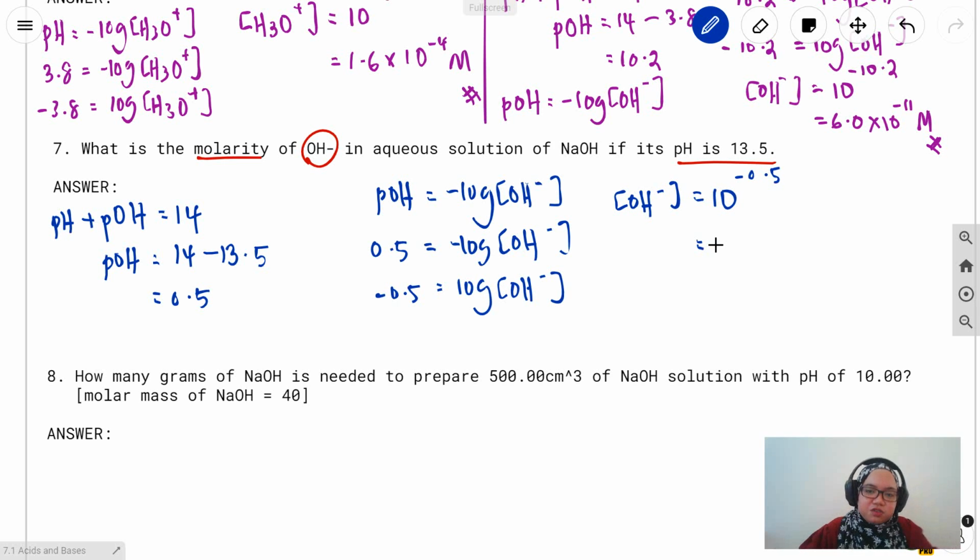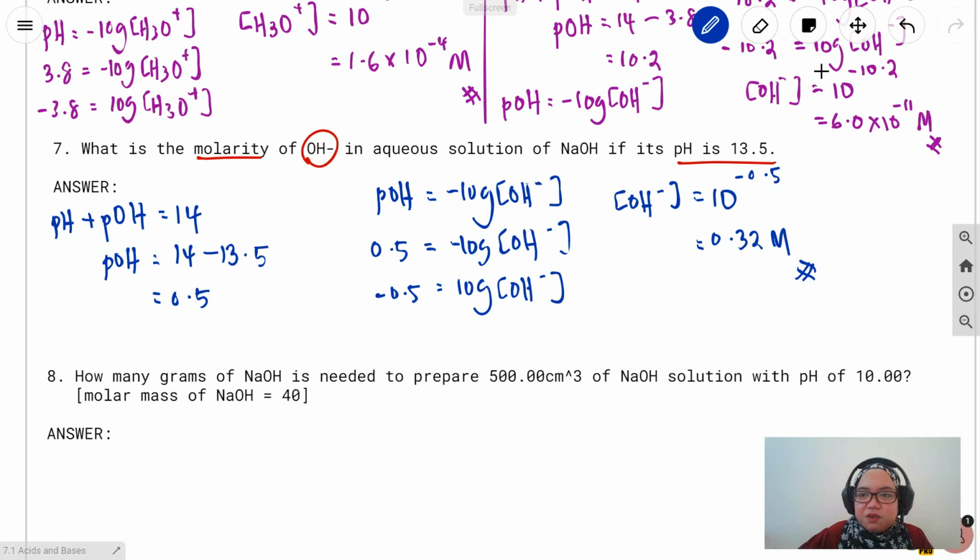We will get the concentration of it as 0.32 molar. So this is the concentration or the molarity of OH minus. Okay, so we get this answer.